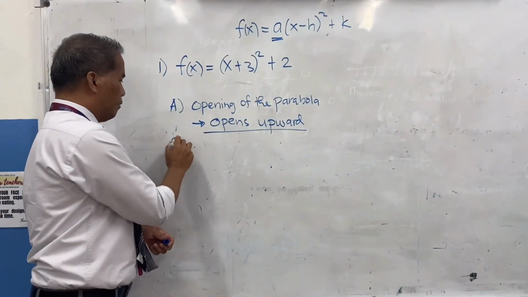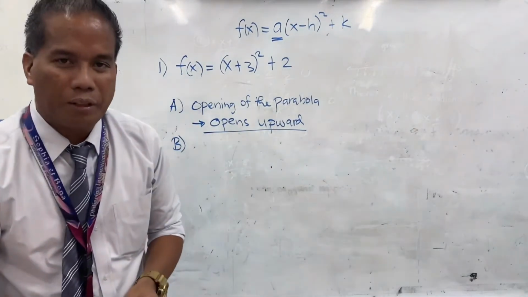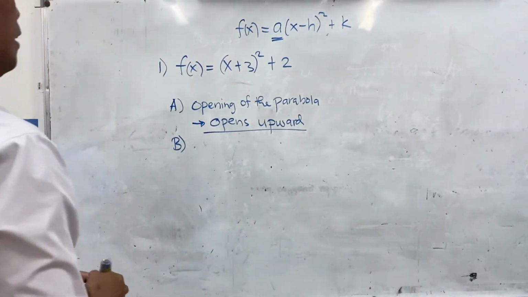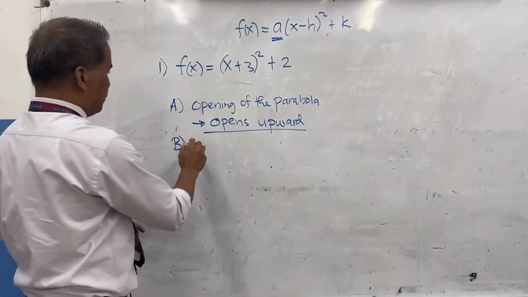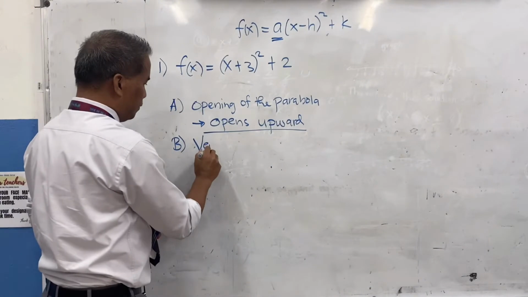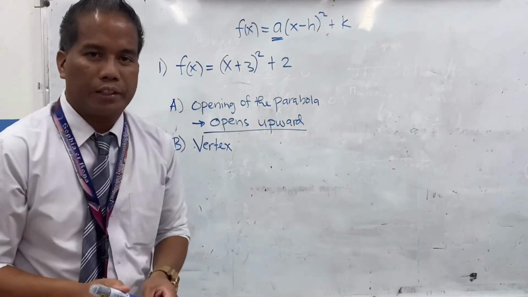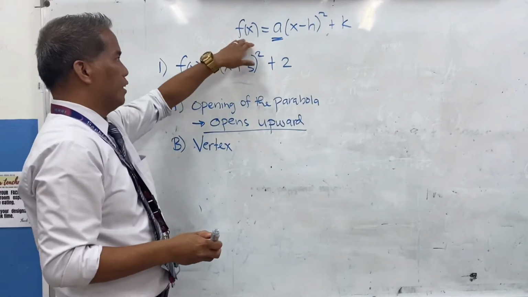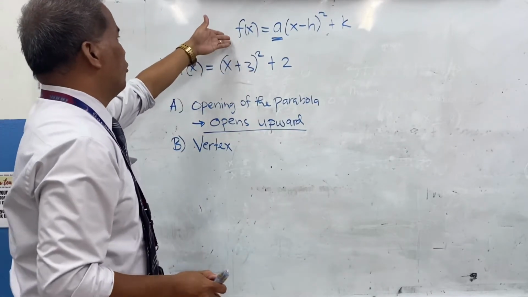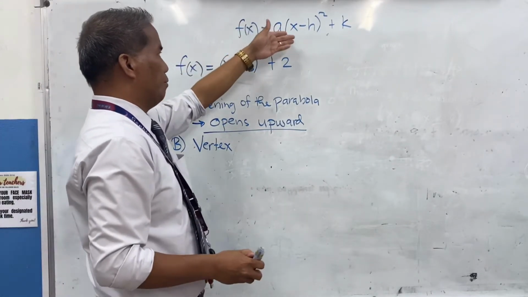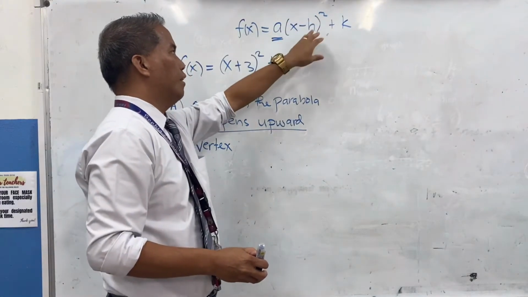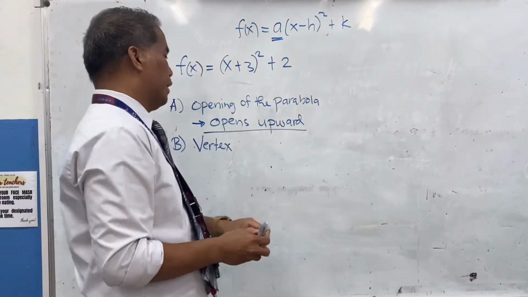Let's proceed to letter B. So for letter B, we are going to find the vertex. To find the vertex of the parabola, in this general formula, f of x equals a times x minus h squared plus k, hk is the vertex.